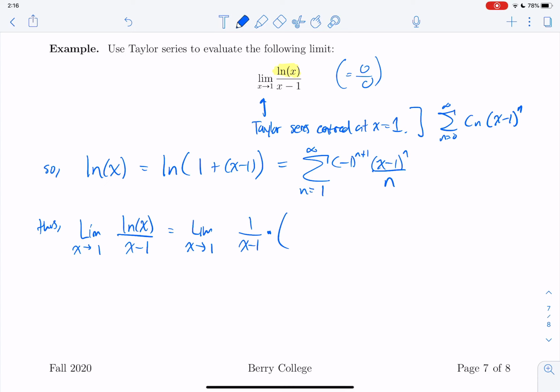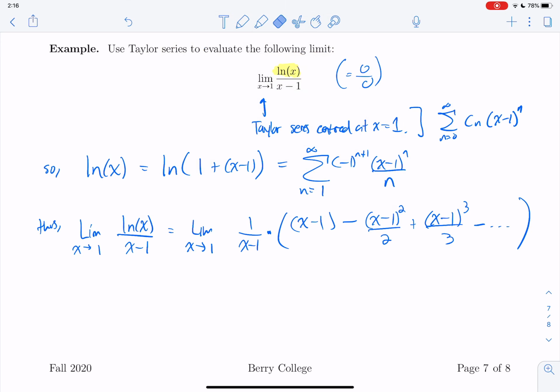At n equals 1, I'm going to get x minus 1. At n equals 2, I'm going to get a minus (x minus 1) squared over 2, plus (x minus 1) cubed over 3, minus etc. And we see we're in the exact same position from before.